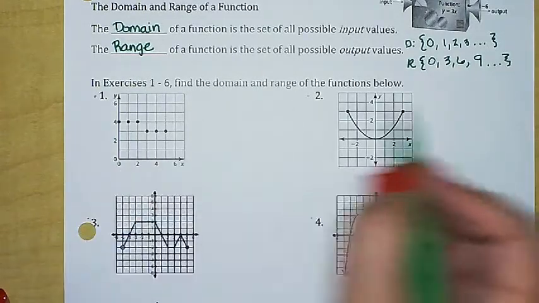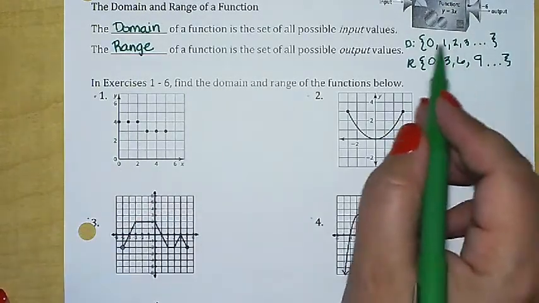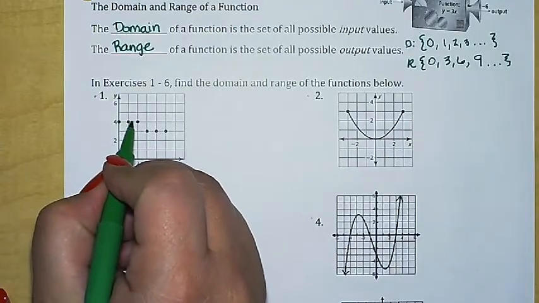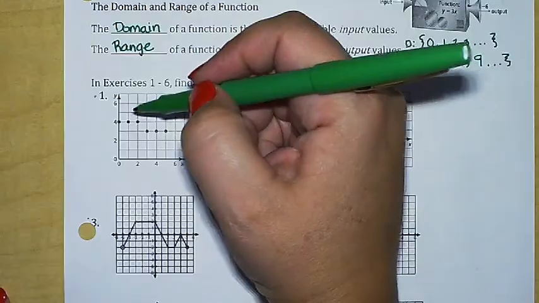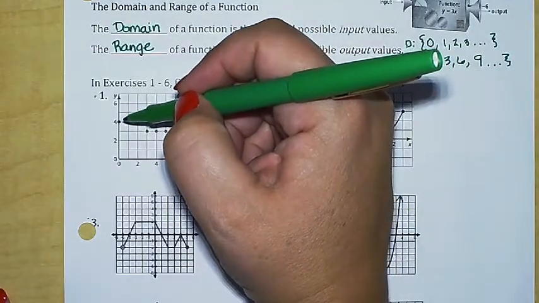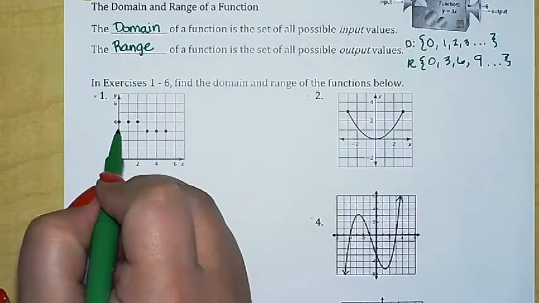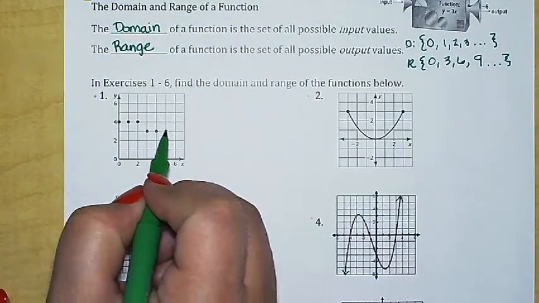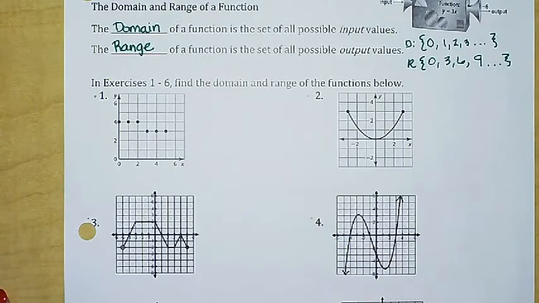And so when it's not connected, your domain and your range is going to look a lot like my example that I had up here. It's specific individual points. And by not connecting them, we're essentially making the statement that everything in between is not a part of our function, that it's really just these values that were graphed.